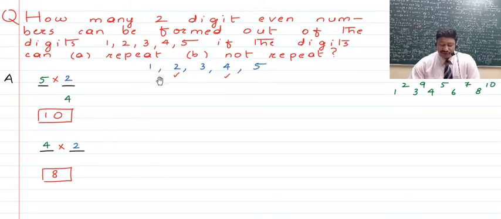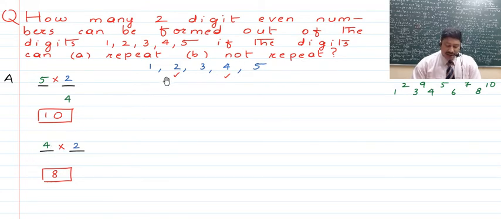Now if we talk about the second part, we require to find the even numbers which can be formed out of these 5 digits 1, 2, 3, 4, 5, such that repetition of digits is not allowed. First, children, we'll talk about the units place, and the units place again can be filled by the 2 digits which are 2 and 4. Only then the number formed will be an even number. After that, in the tens place, any digit which has come, like 2, cannot come again, as repetition of digits is not allowed.